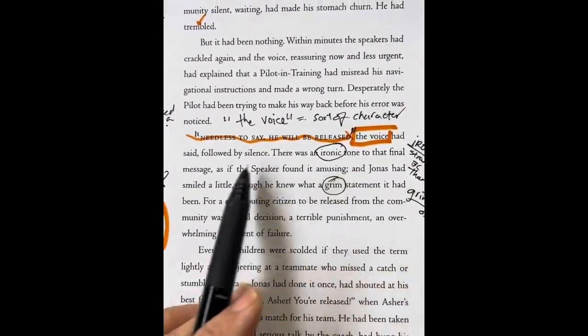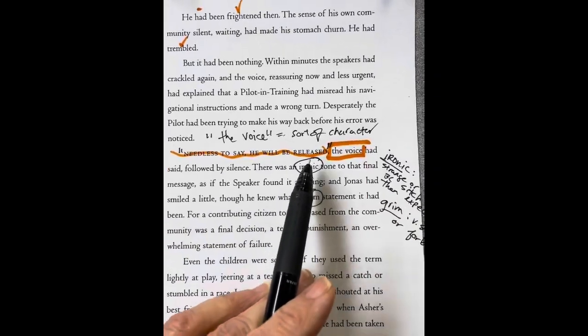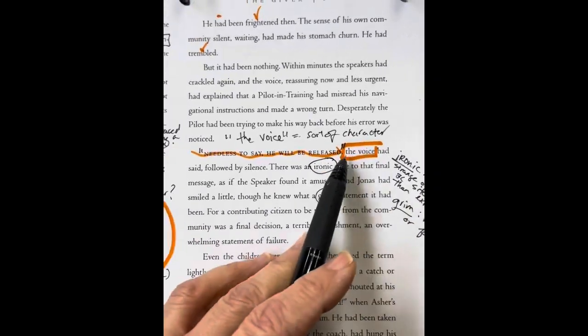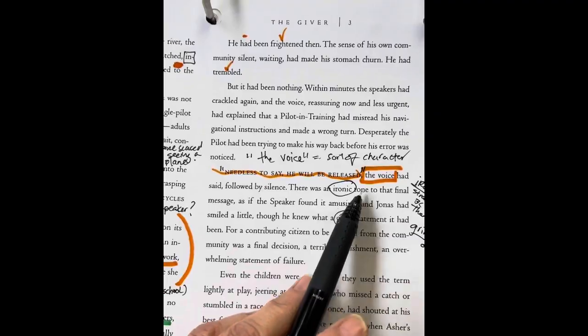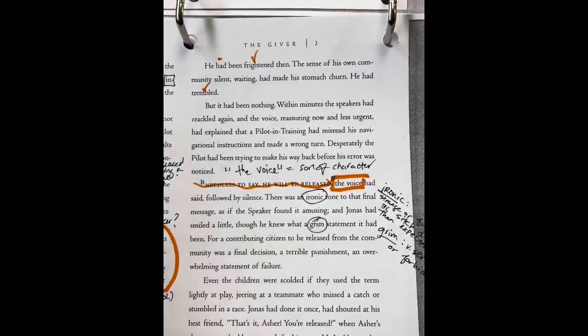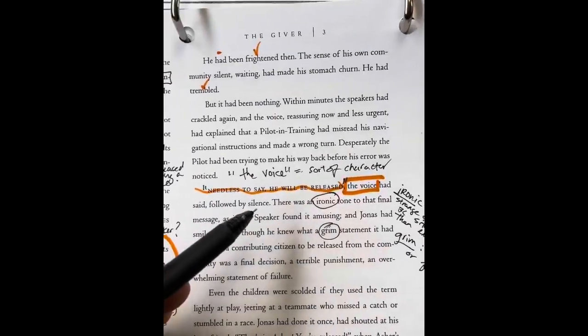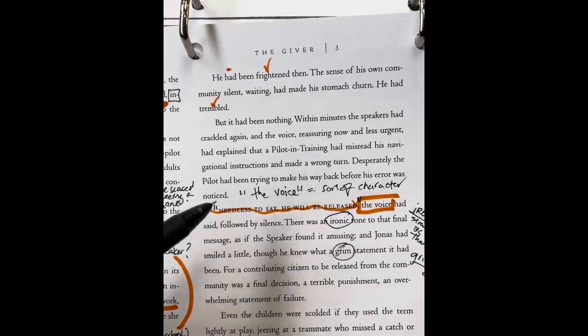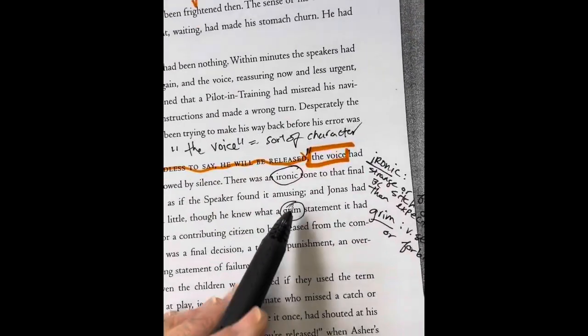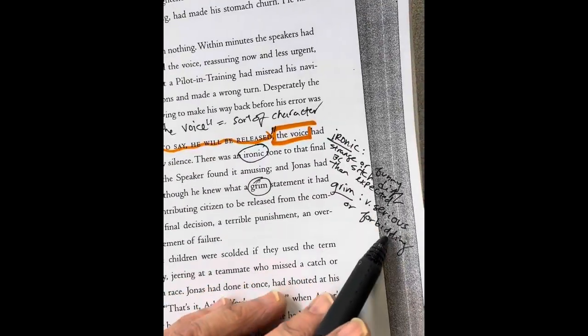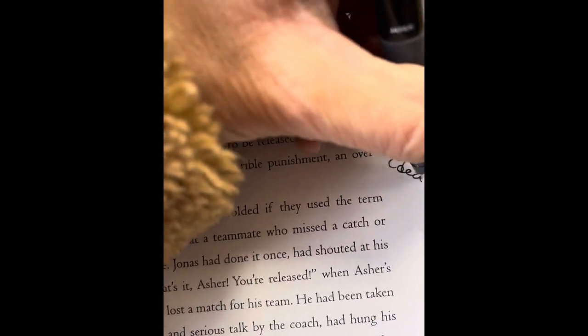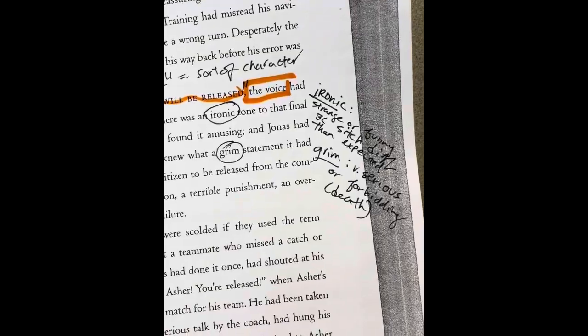There was an ironic tone. So this voice is kind of thinking it's a little bit humorous that everybody had this big scare and it was just somebody training to be a pilot who messed up. And then grim is very serious or forbidding. Think about death, like the Grim Reaper.